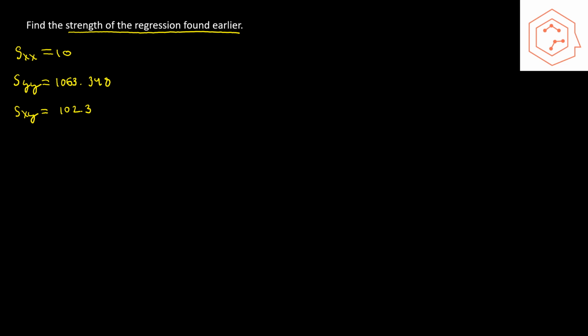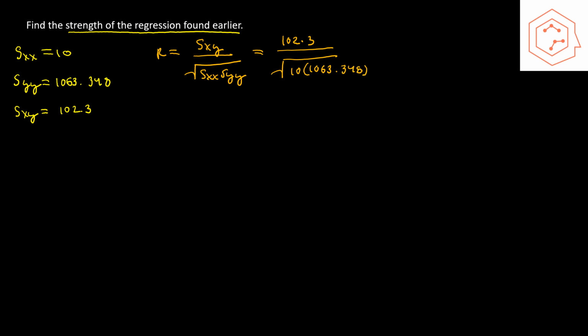Starting with the correlation coefficient, r is equal to sxy divided by the square root of sxx times syy. That's equal to 102.3 divided by the square root of 10 times 1063.348, and that's equal to 0.99205.